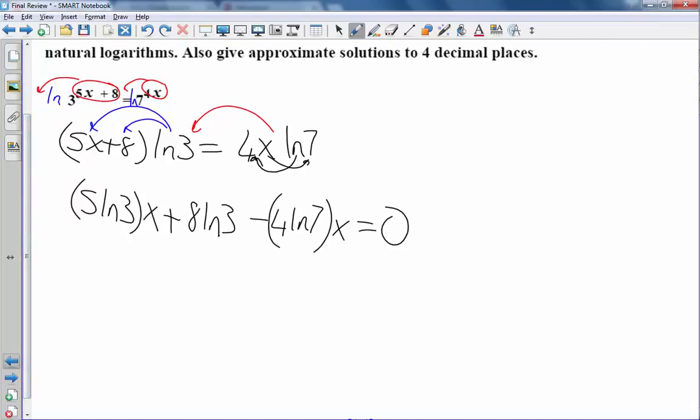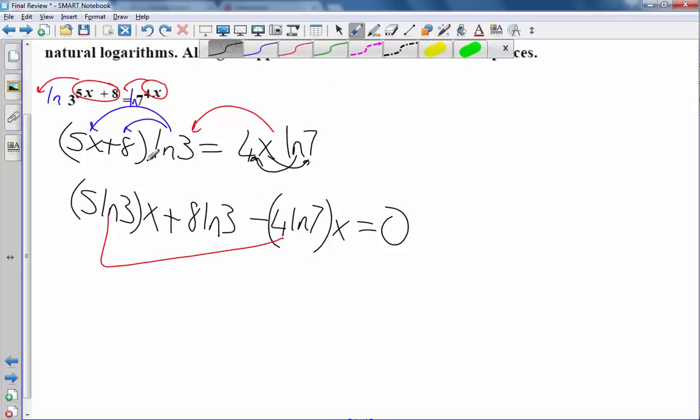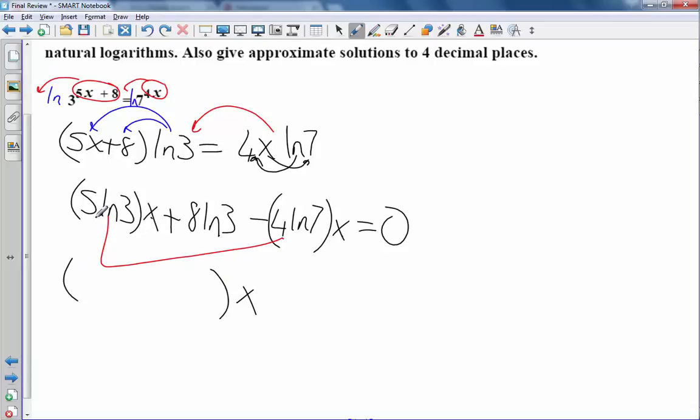Look, I have several x's here, several more x's subtracted. Just like 5 apples minus 4 apples gives 1 apple, you operate on the numbers in front. They collect into 1x with subtracting these two numbers, 5 ln 3 minus 4 ln 7.